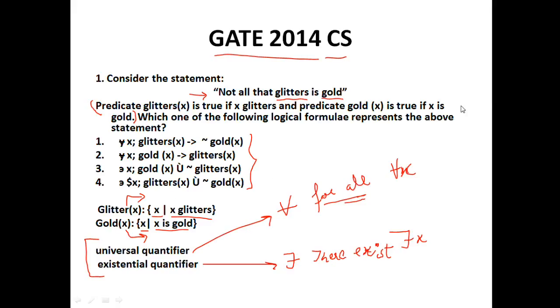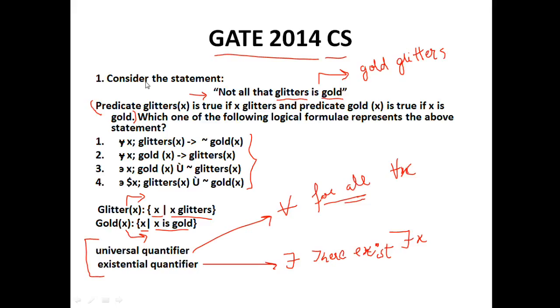So how are we going to represent this? This statement is different from saying we can assume that gold glitters. We cannot assume that. So here's a catch.